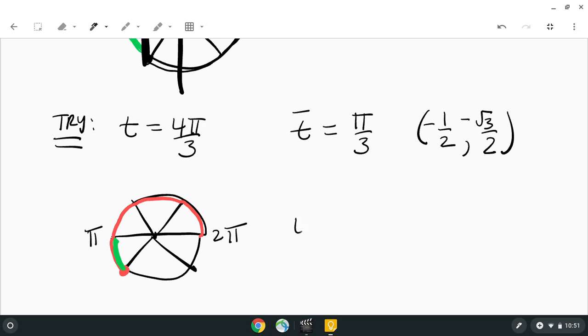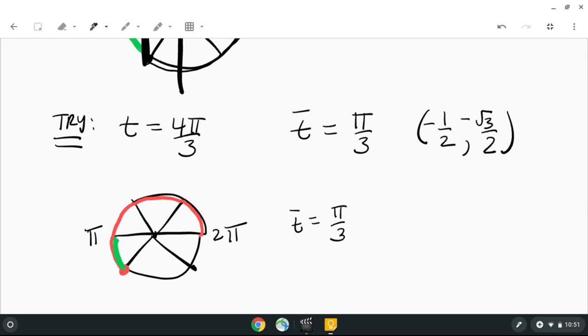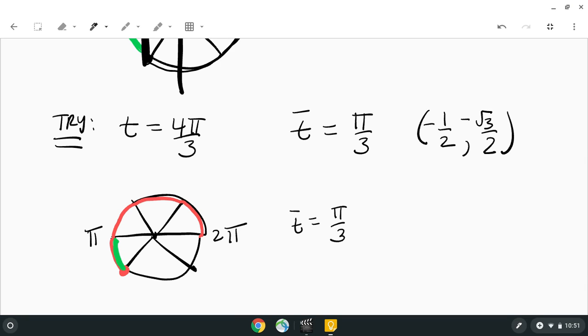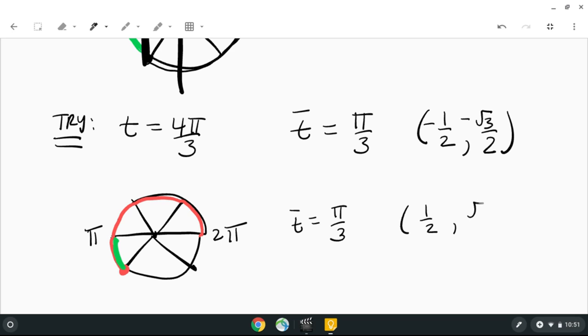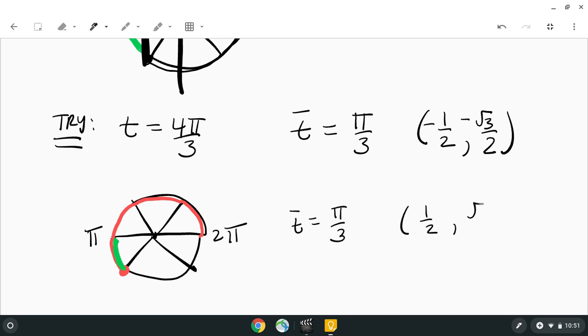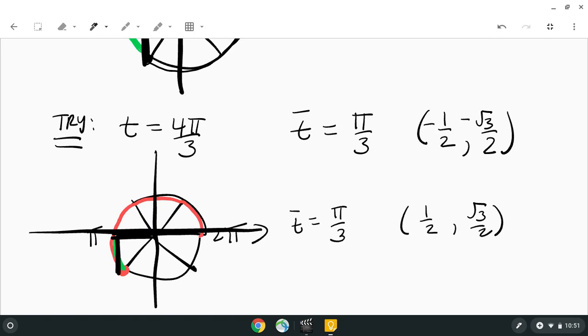So your t bar is 1/3 pi. And you were supposed to have that one memorized, which is 1/2, square root 3 over 2. And then again, if you imagine your x and y axes, we see here that it's in quadrant number 3, where the x values are negative and the y values are negative.